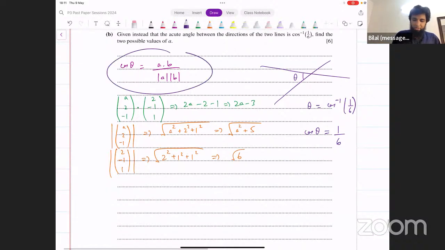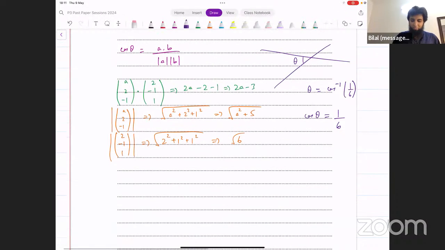We know cos theta is supposed to be A dot B over modulus of A into modulus of B. We can say cos theta equals A dot B, the dot product, that's 2A minus 3, divided by the product of their magnitudes, that is square root of A squared plus 5 and square root of 6.